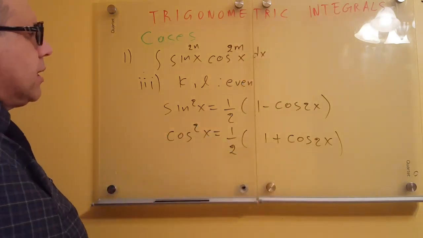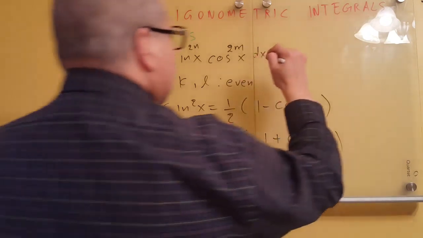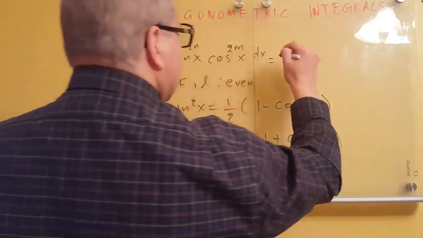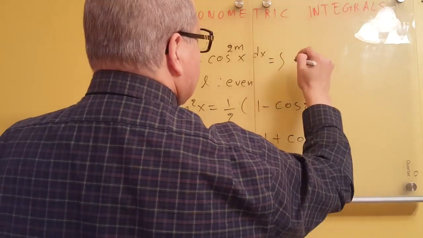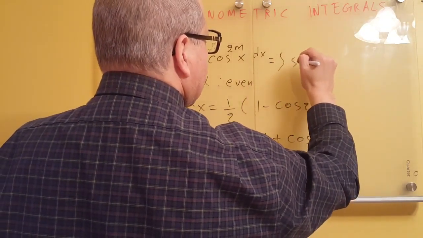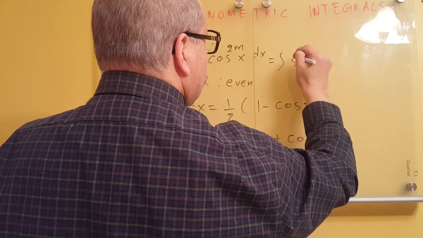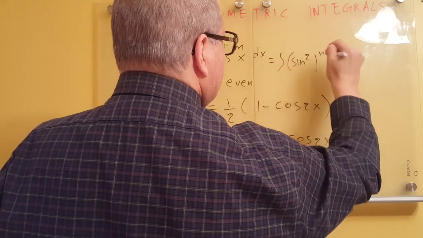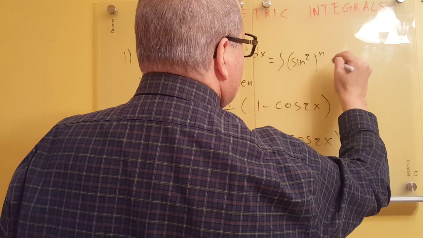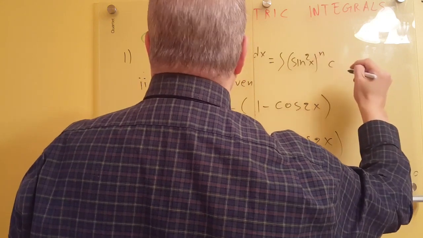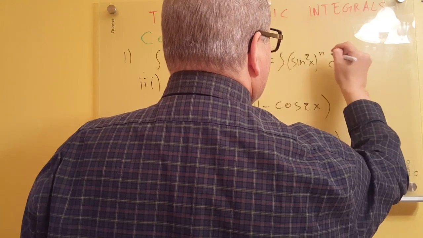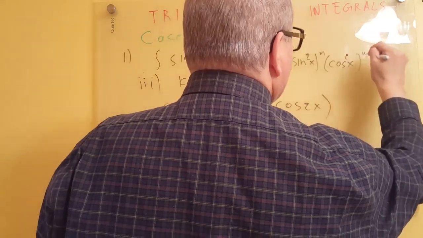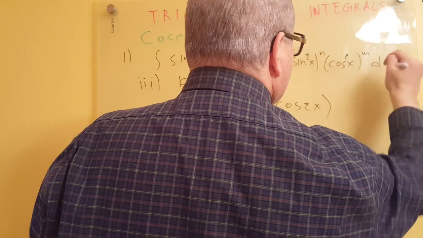Which means that you can write this thing as sine square x to the n and cos square x to the m dx.